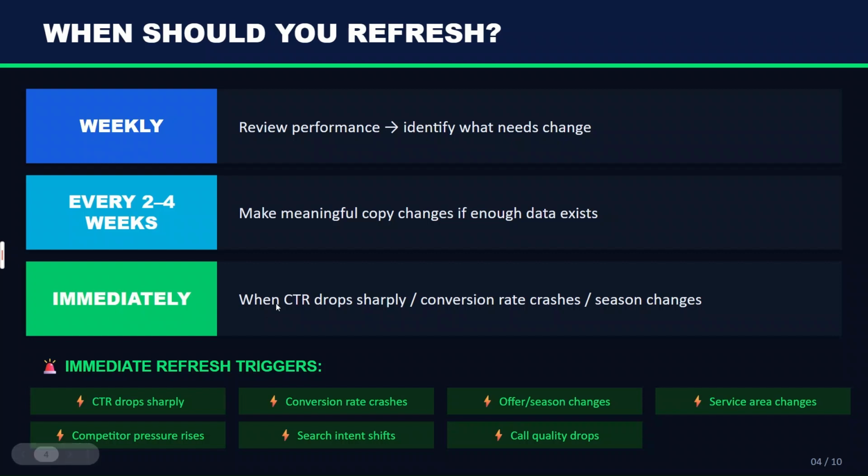Okay. And then there are situations where you refresh immediately, not next week, right now. So look at these trigger signs at the bottom of the slide.